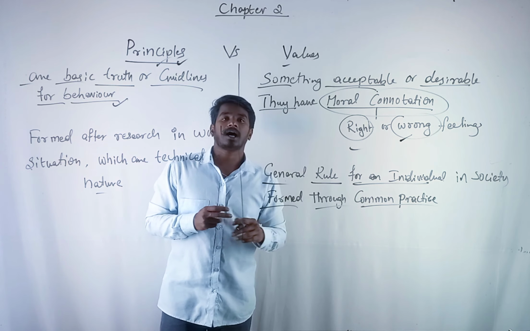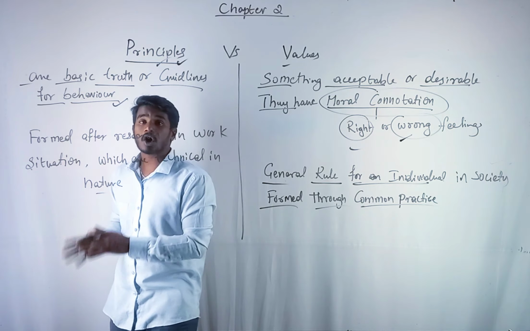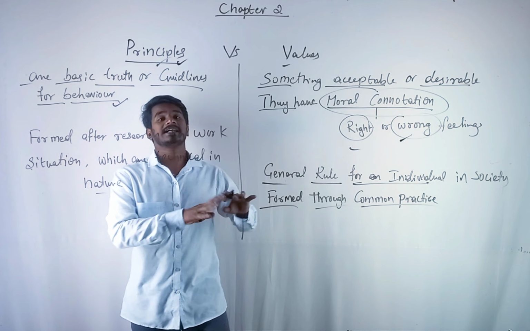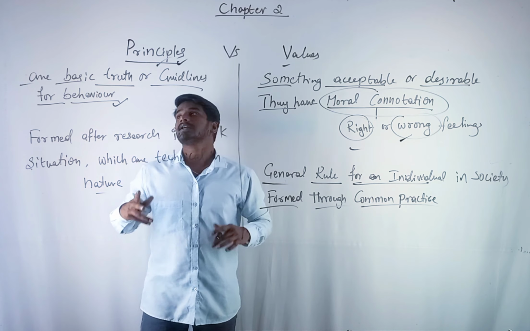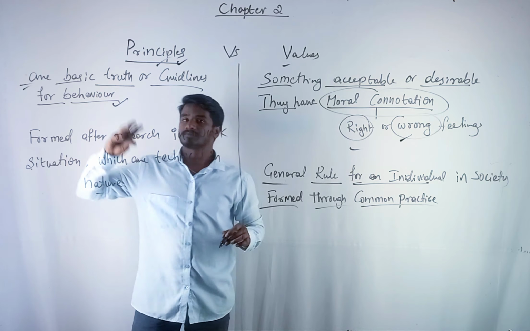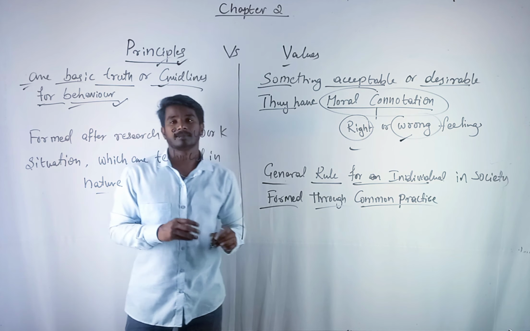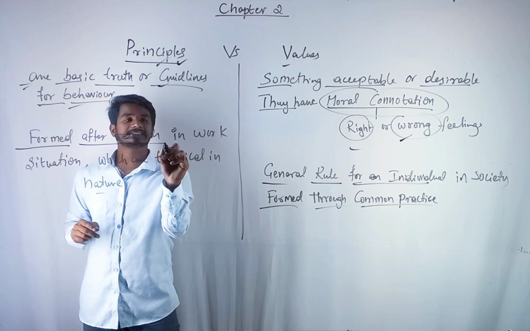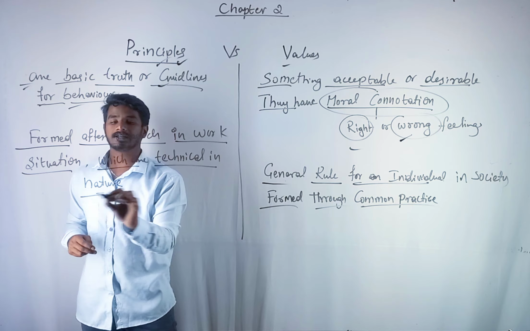But principles are not like that. If it is wrong, it is wrong only; if it is right, it is right only. It has an exact meaning. It is a basic truth. Principles are guidelines for behavior formed after research in work situations, and they are technical in nature.